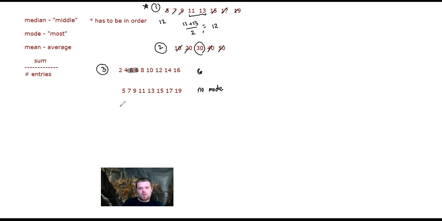If, however, there are, let's say, 2 or 3 numbers that are equally occurring more than the other numbers, then you can have more than one mode. So if I have 15, 15, 15, 17, 17, 19, 21, 21, 23, 23, 23. Okay. Going through here, I would have 3 15s and 3 23s. That's more than the other numbers occurring. So I would have 2 modes of 15 and 23.